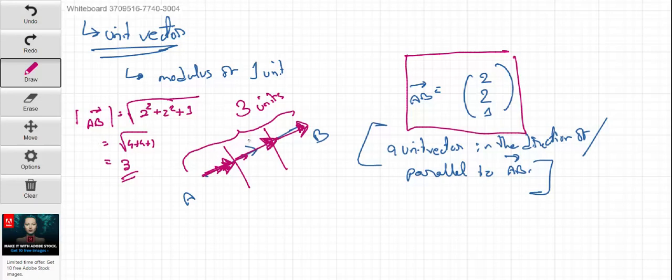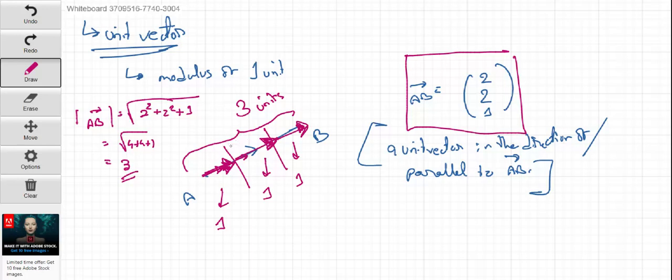I hope you realize by now that each of these 3 red arrows is 1 unit in length. So this is 1 unit in length, this is 1 unit in length, this is another unit in length. Together, they give you the 3 units as expected, as found, of the modulus of the vector AB.